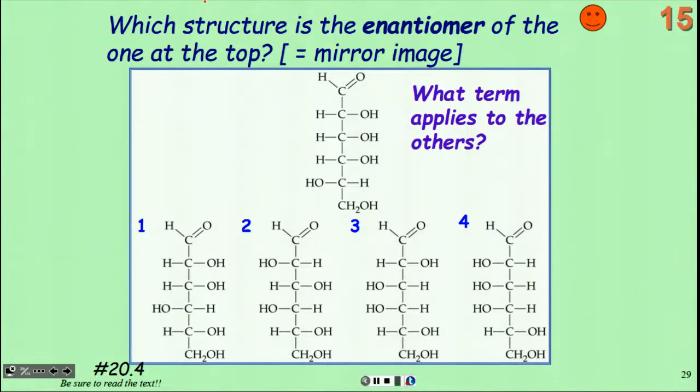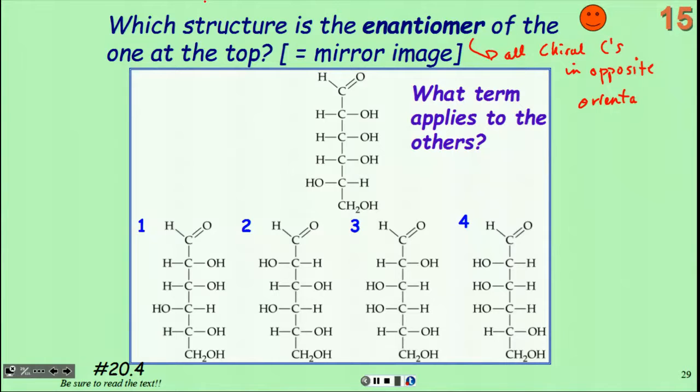All right, so let's talk about enantiomers and get practice with the terminology. Which is the enantiomer of the molecule at the top? And what do we call the rest of them? The enantiomer is going to be the mirror image. That means all of the chiral carbons are going to be in the opposite orientation.